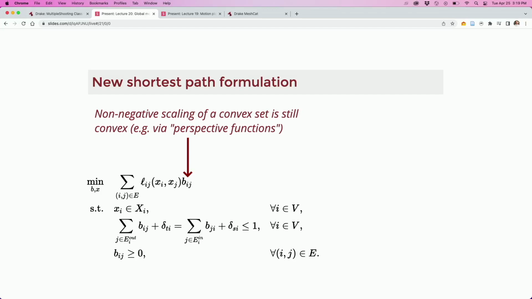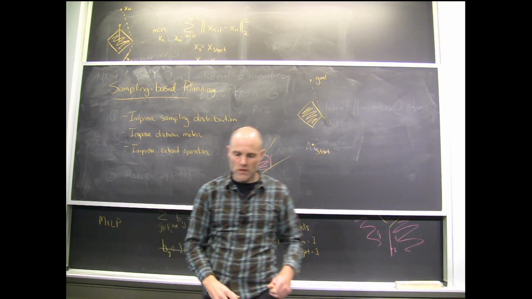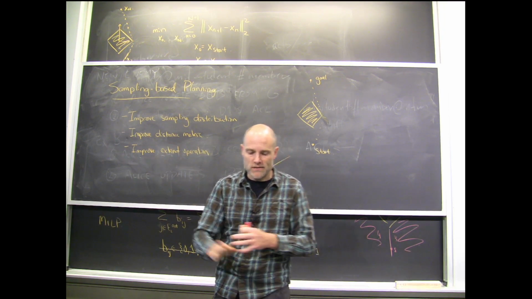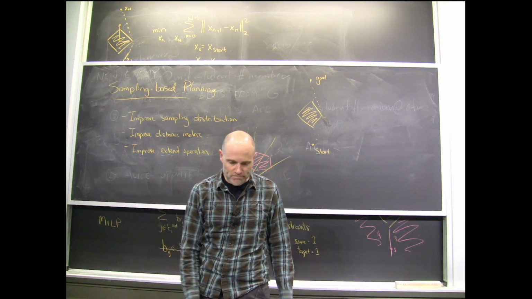You can think about the picture you can have in your head here for sets, but it works the same. You move the objective to a constraint. So I've got some convex set. I've got the origin here, and the perspective function takes non-negative scalings of that convex set, and this is still a convex set. Okay. So when I say everything bilinear is immediately non-convex, it's slightly more subtle than that.